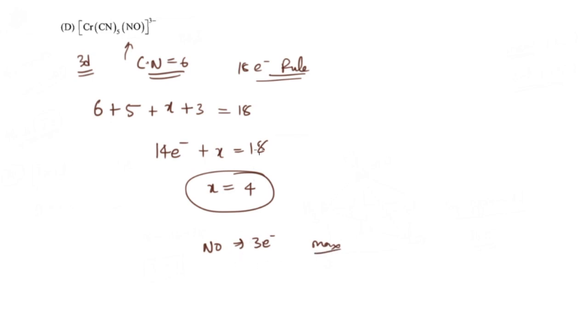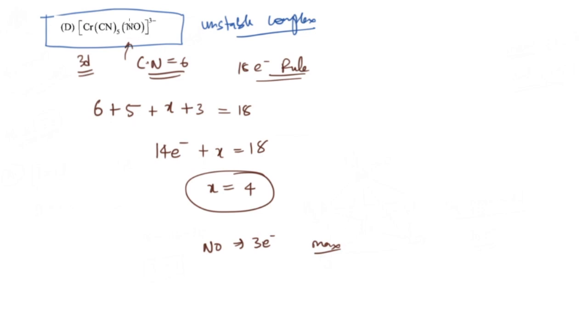So that means this is not a stable complex, and this was a tricky question, given just to check whether you have a sound knowledge of this concept or not. So instead of forming a 18 electron species, this whole complex is actually forming a 17 electron species, and it's a pretty unstable complex. Okay, and that's also shown with the charge over here, 3 minus charge.